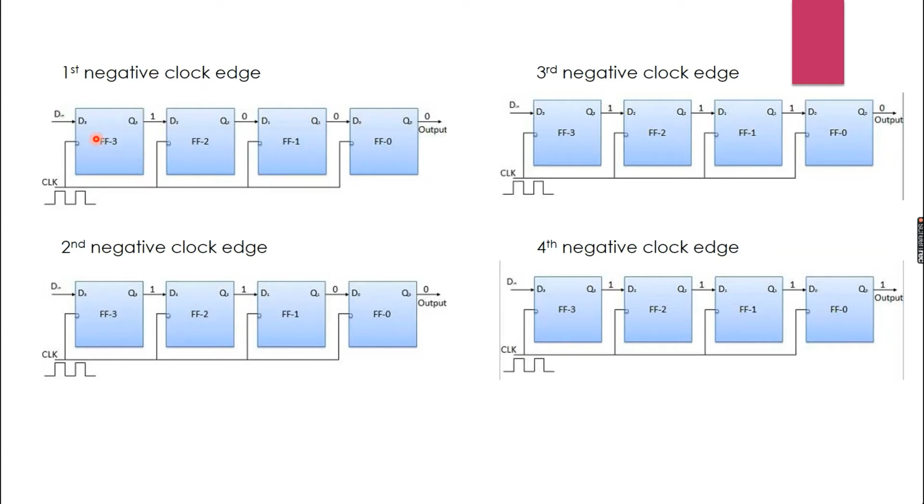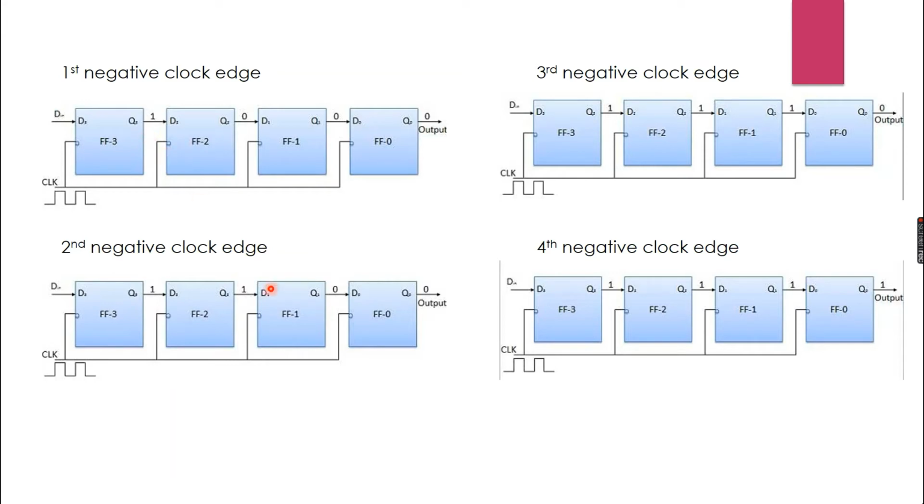So you can see when D3 is 1, Q3 stores 1, and D2 will take the previous output coming from FF3, which is 0. So D2 will remain 0 and Q2 also remains 0, as we know that when D2 is 0, Q2 is also 0. Similarly D1 remains 0 and Q1 remains 0, and D0 remains 0 and Q0 remains 0. So we have stored the first bit here.